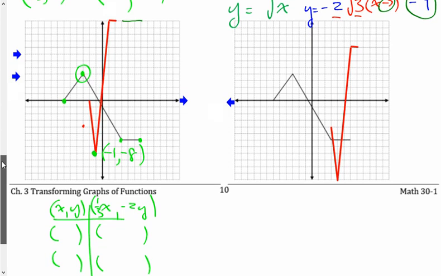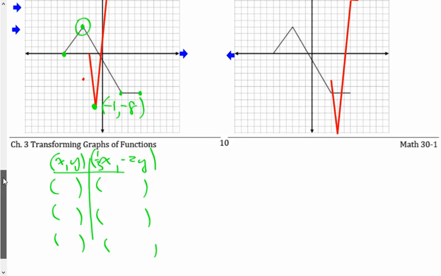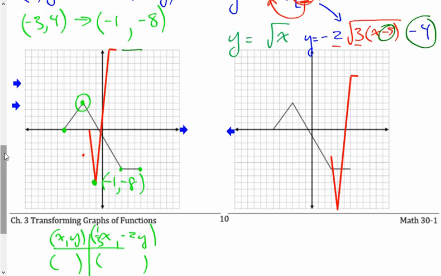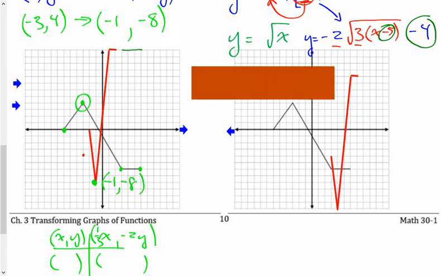If we did this one by mapping, so suppose we didn't have question 3, and we just wanted to do question 4 all at once. If we wanted to think about the mapping, I guess I need to be able to see that. I will make a little box here. Okay, so in here I will write my mapping notation.